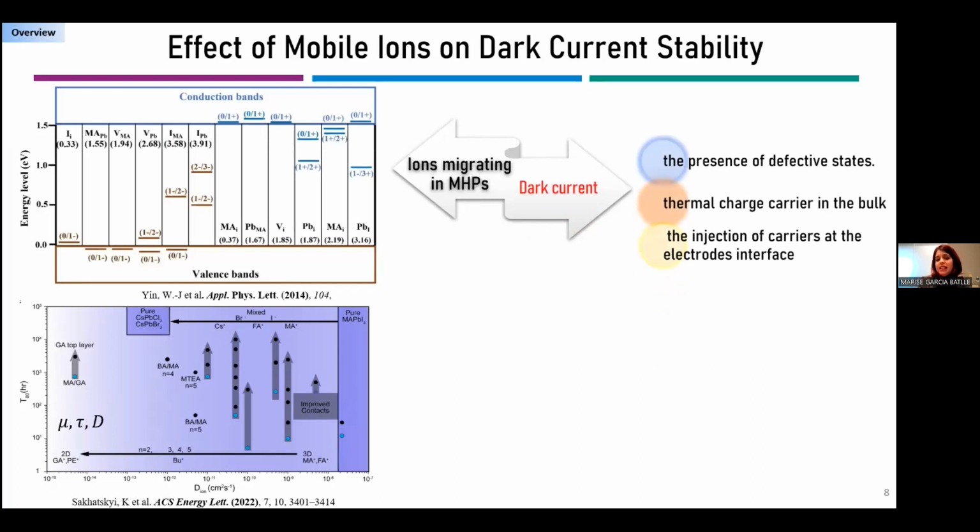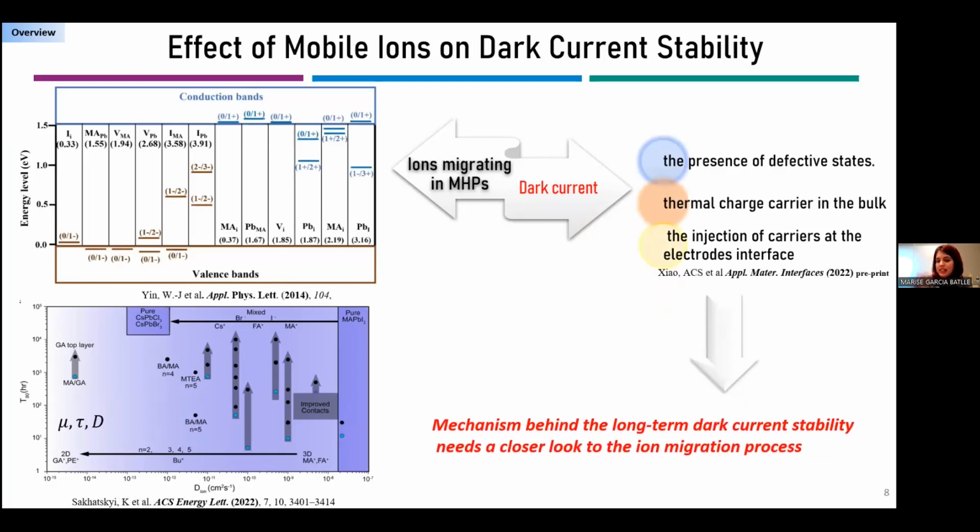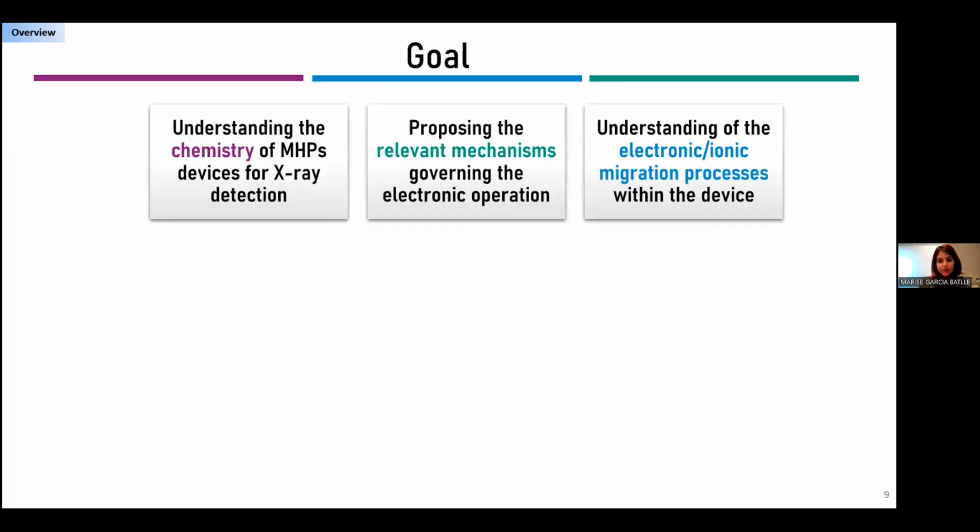So basically, these migrating ions and how they are connected to the dark current is one of the topics nowadays in this field. We need to look at the ion migration process in order to understand how it affects the long-term dark current stability of these devices for X-ray detection.